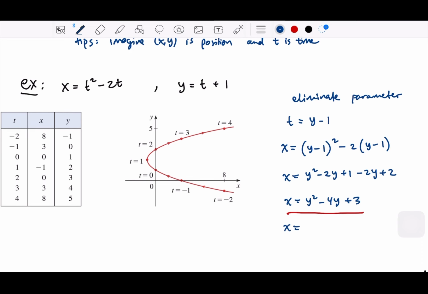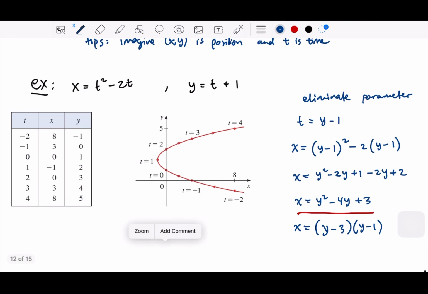Or we could take this as y minus 3 times y minus 1. As you can see, y equal 1 and y equal 3 are the roots.